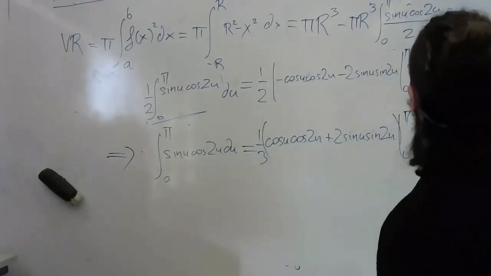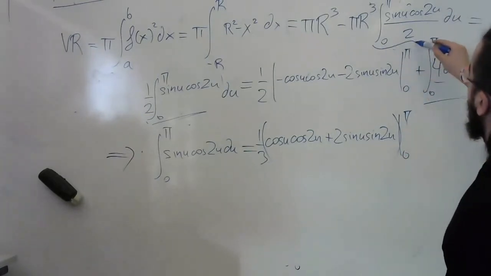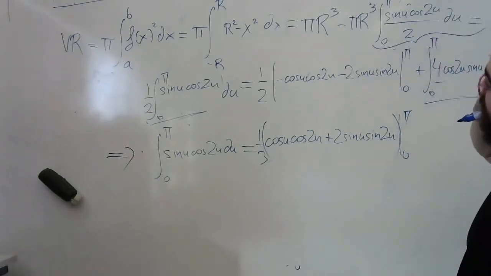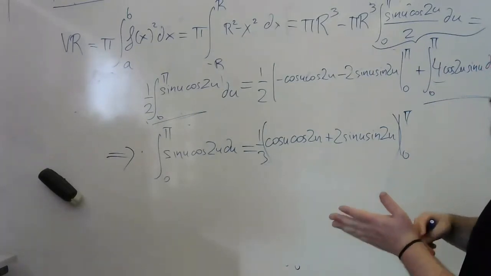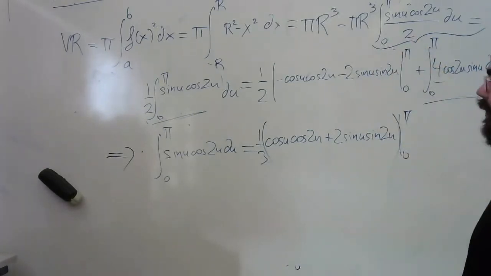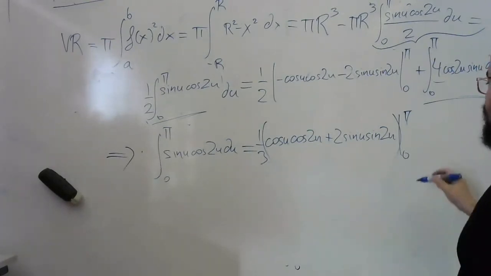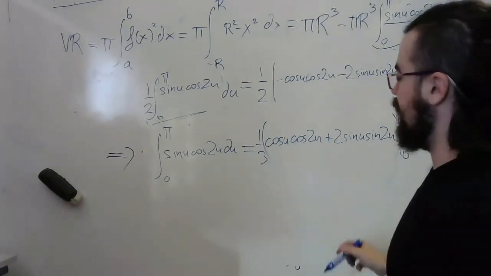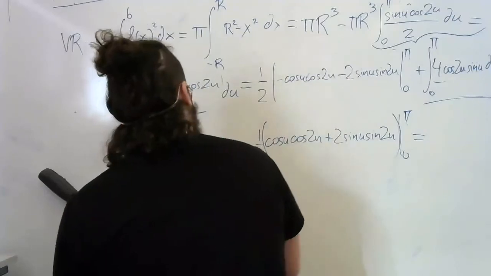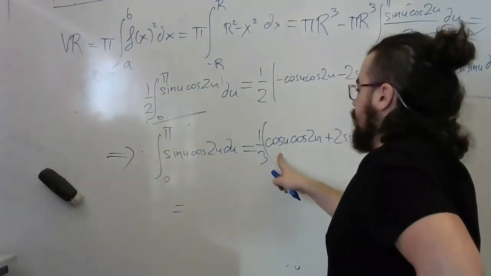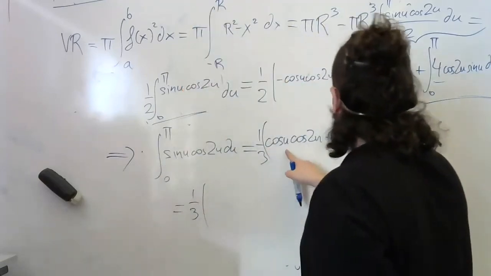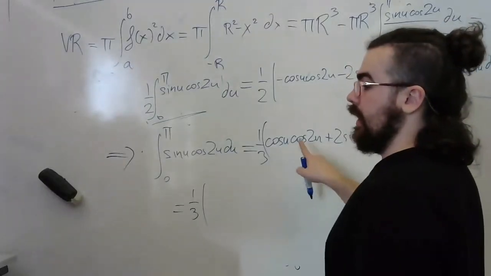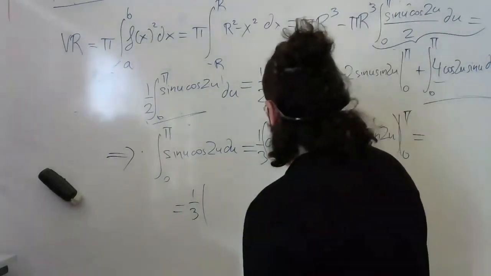Now, we can replace all this equation here, but first I'm going to solve it. We evaluate this in pi. The cosine of pi is -1. The cosine of 2 pi is 1.